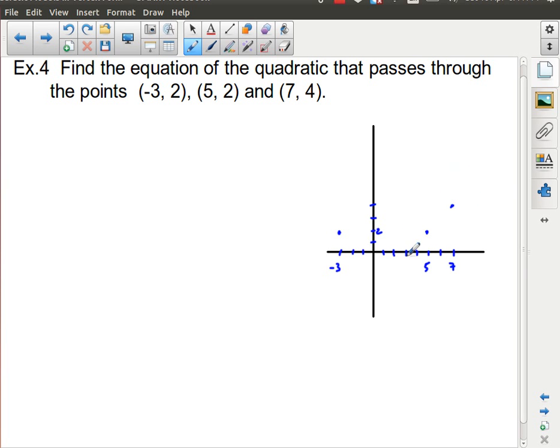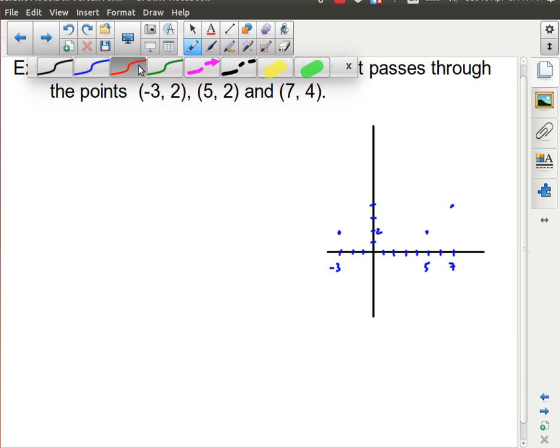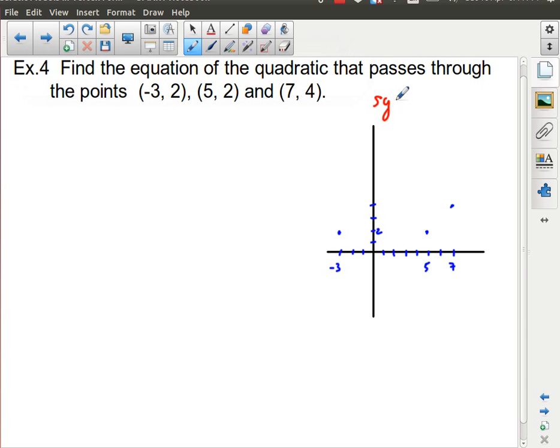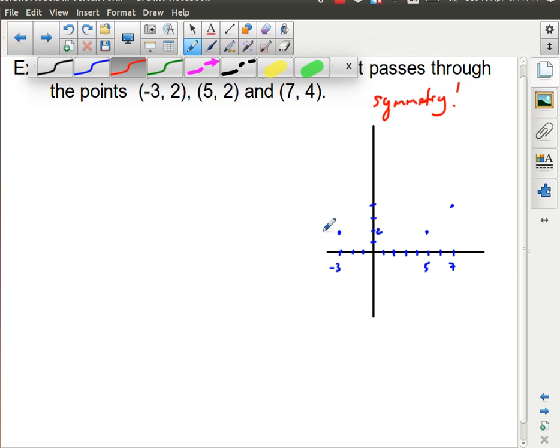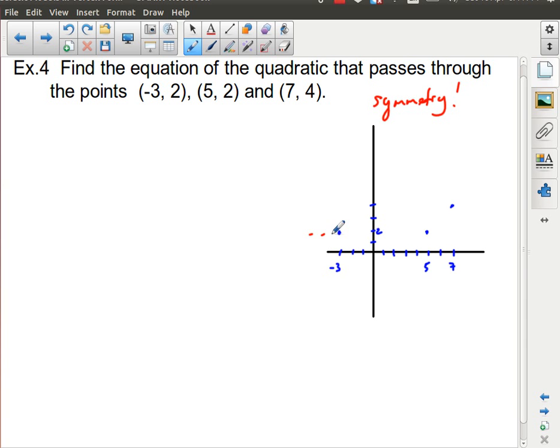Now, the idea of symmetry. We are going to use symmetry here even though we don't have any zeros. Now, how is that possible? The reason why symmetry will work here is because, and I'm just going to freehand this in, these 2 points have the same y value.